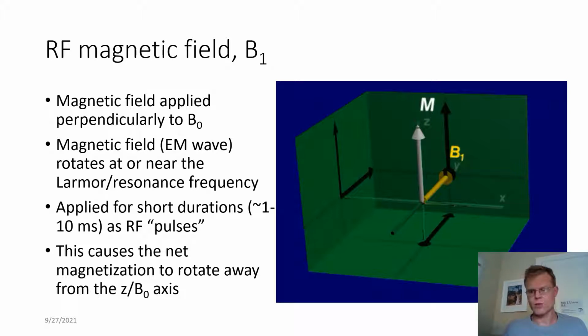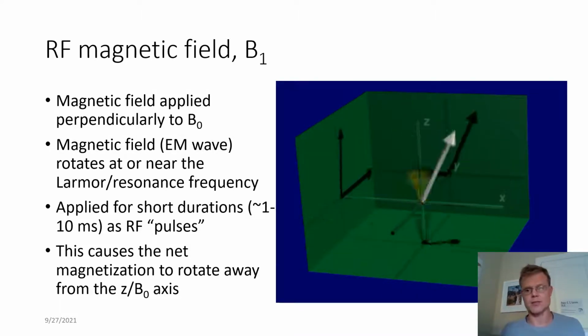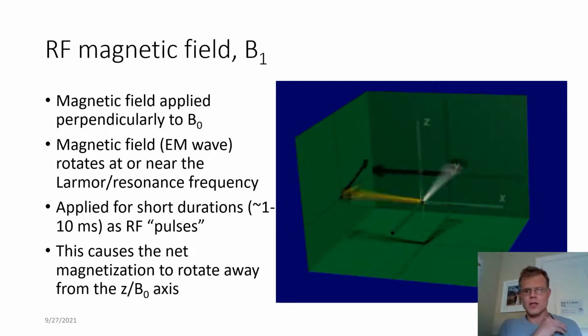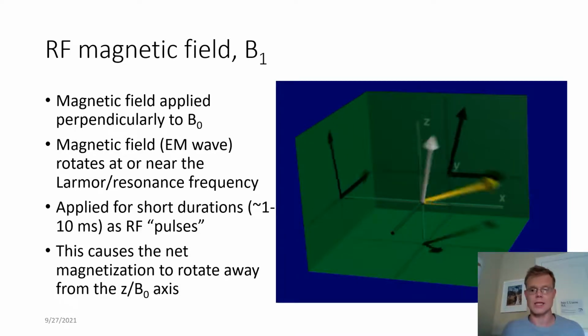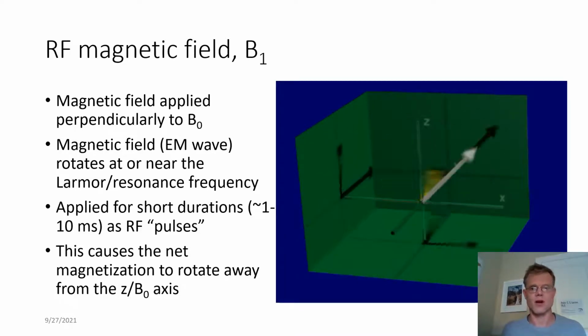And what's going to be shown in this simulation is how the rotation occurs. And what you'll see here is the magnetic field is actually rotating at the Larmor or the resonance frequency. And this has a net effect of also tipping the net magnetization, or M, away from the z-axis.